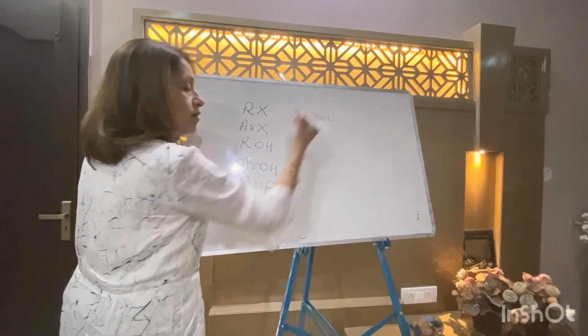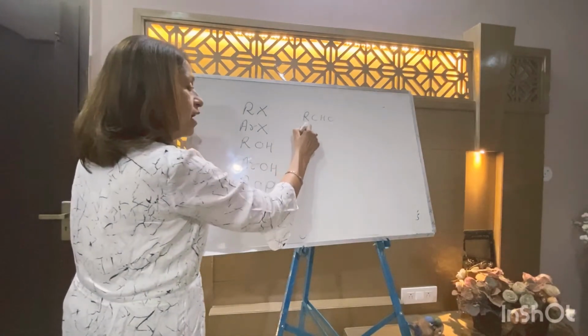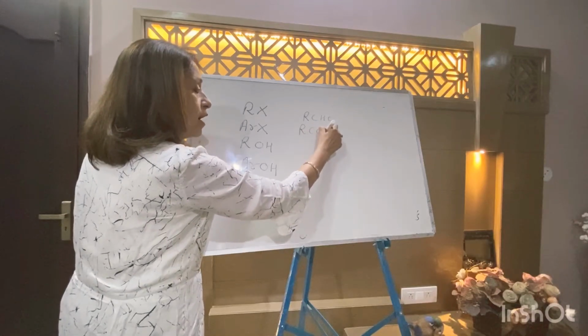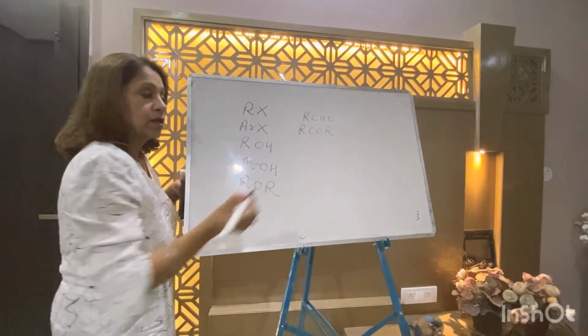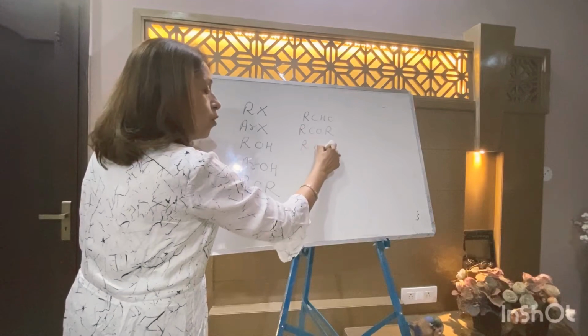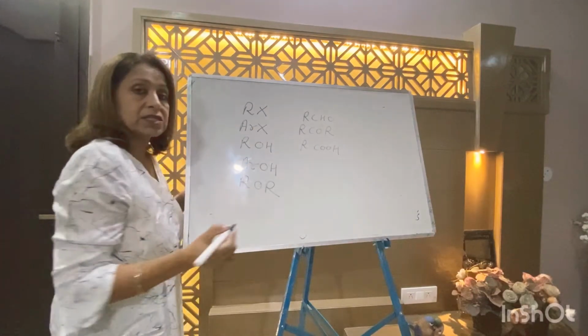RCHO, aldehyde, in place of H there is an R. RCOR is ketone. RCOOH, carboxylic acid.